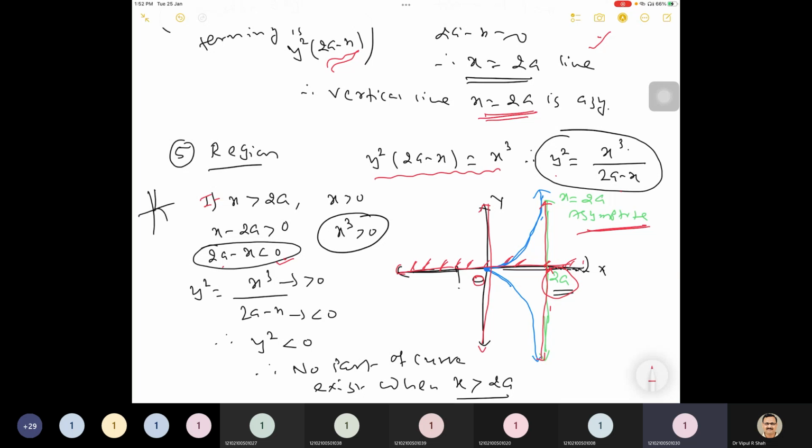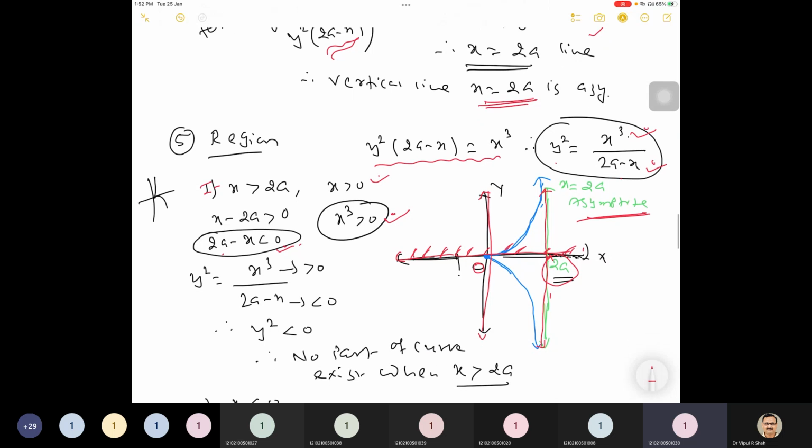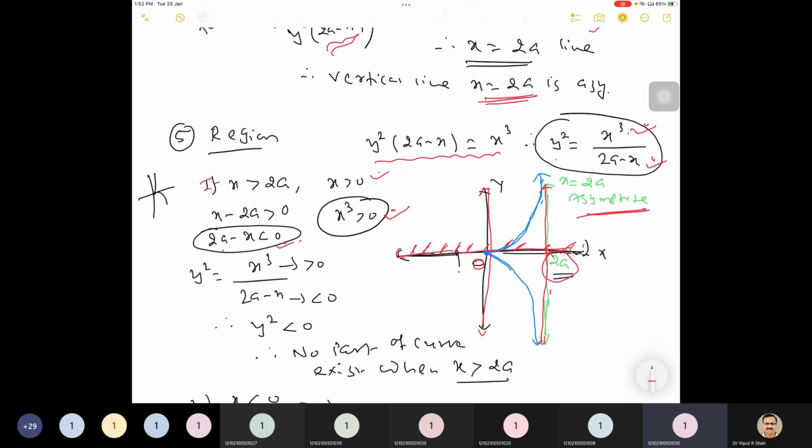Negative. X is greater than 2a, that means x itself is positive, so x cube is also positive. So this is positive and this is negative. That means total y square is negative. That means no part of curve exists when x is greater than 2a. So when x is greater than 2a, the curve does not exist.